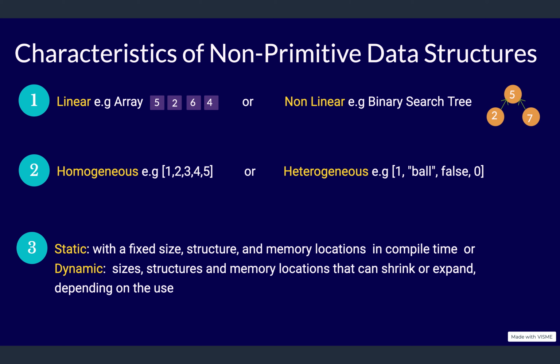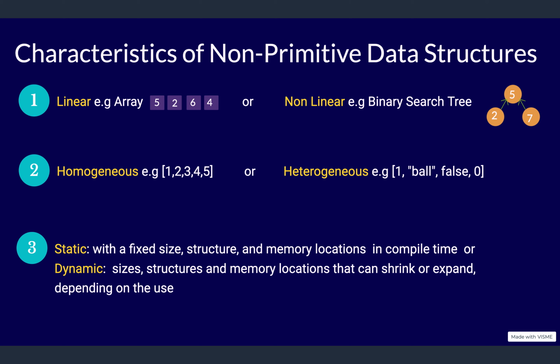Characteristics of non-primitive data structures. A non-primitive data structure can be linear or non-linear. Linear means the data are sequential, or in other words, they are sequentially arranged, whereas non-linear means the data are non-sequential.